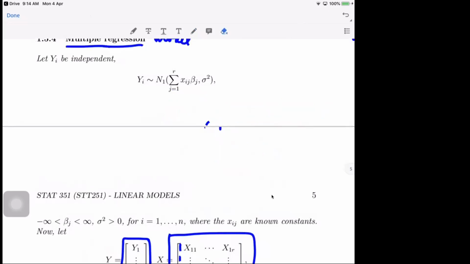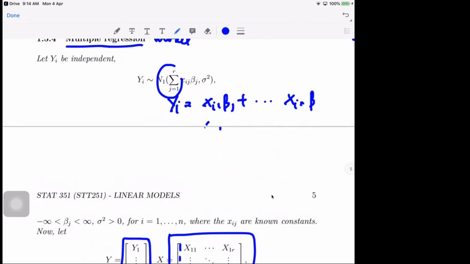So if you expand this, it is just y i is equal to x i1 beta 1, and so on and so forth, up to x ir beta r.